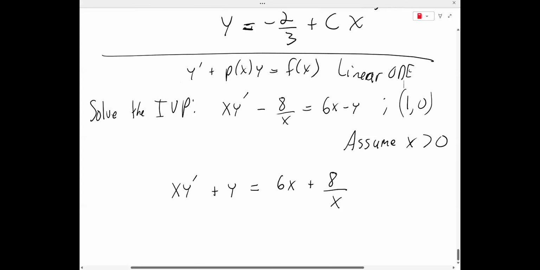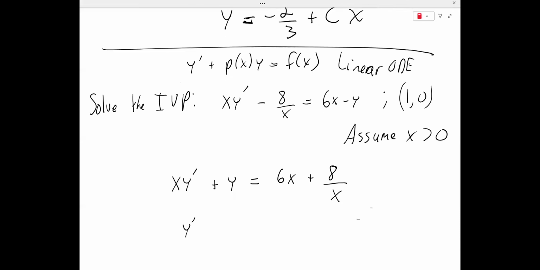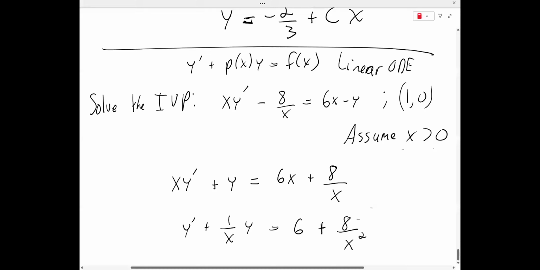So basically you get y prime plus 1 over x y equals 6 plus, you could say, 8 over x squared. We're assuming x is greater than 0, so no division by 0 problems here.